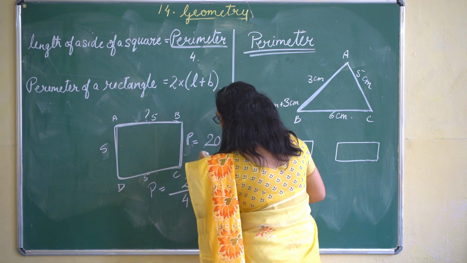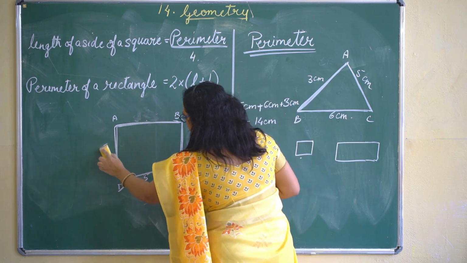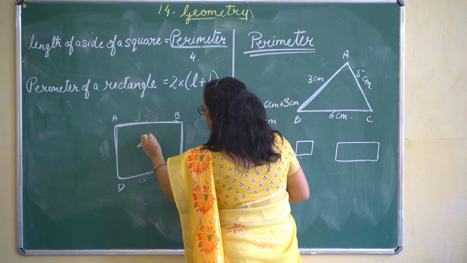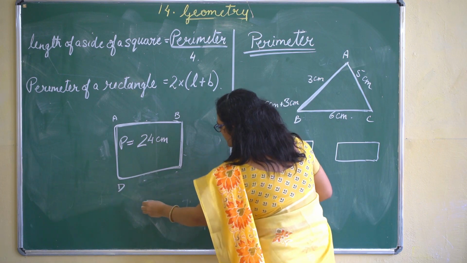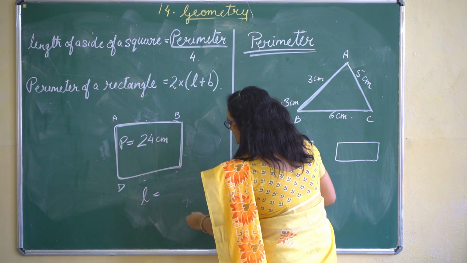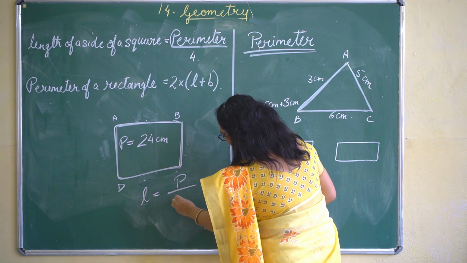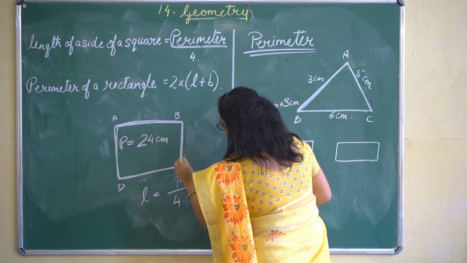Another example, if I say the perimeter of this square is 24 centimeter, find the length of this side. Length means we have to divide the perimeter by 4. Why are we dividing by 4? Because it has 4 sides.